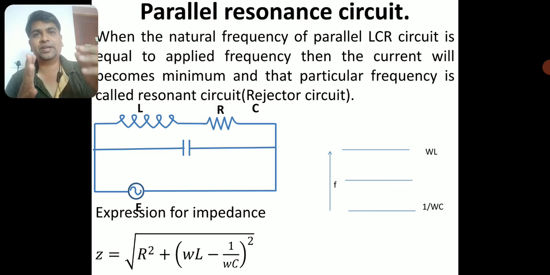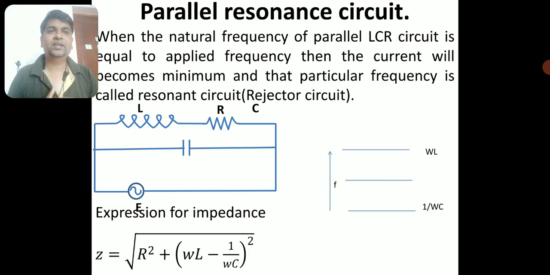That particular frequency is called the resonant frequency, and this circuit is called a resonant circuit, and this is also called a rejector circuit. It is a rejector circuit because at the frequency where the applied frequency matches the natural frequency, the current in the circuit becomes minimum. That is why it is called a rejector circuit.